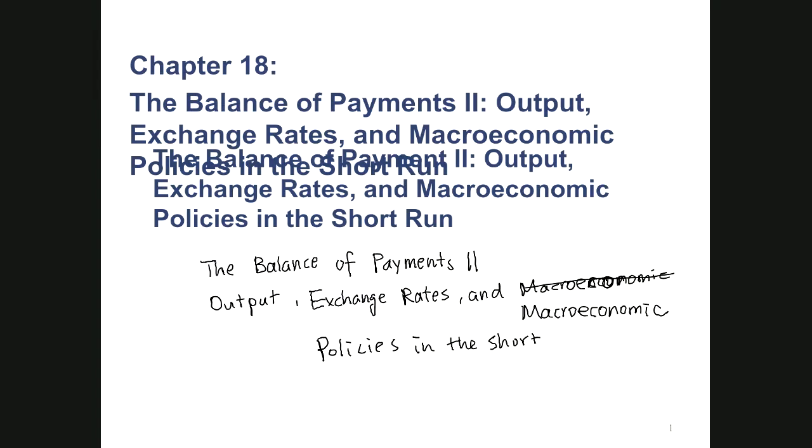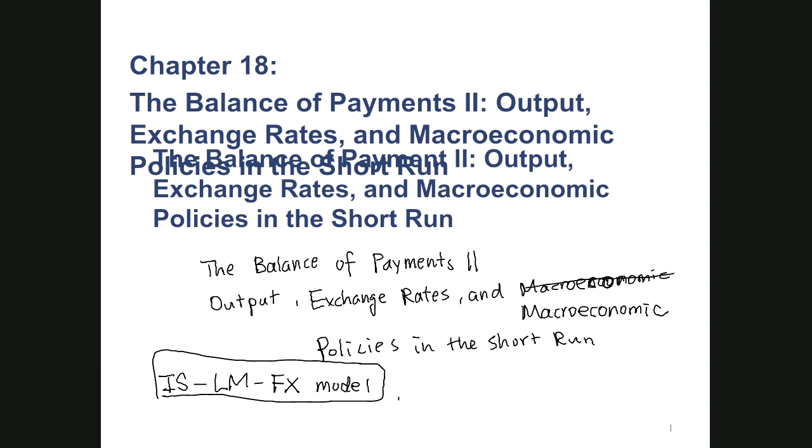So the most important model we are going to see here is called the IS-LM-FX model. But it has a lot of names. Some people will call it IS-LM-BP, where BP is short for the BOP model.